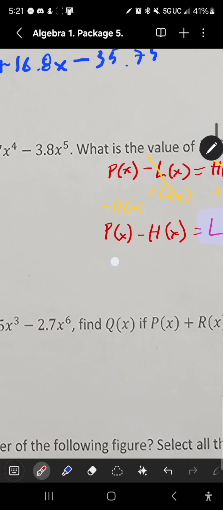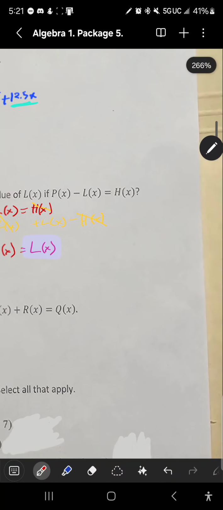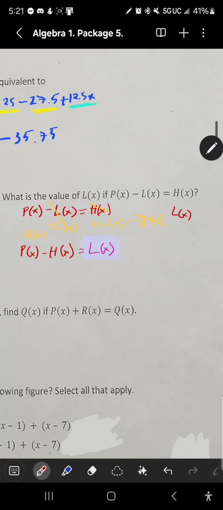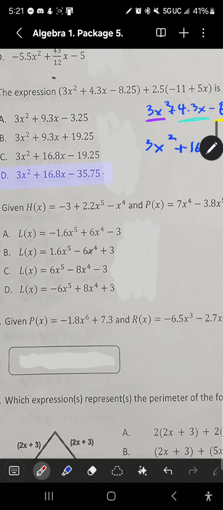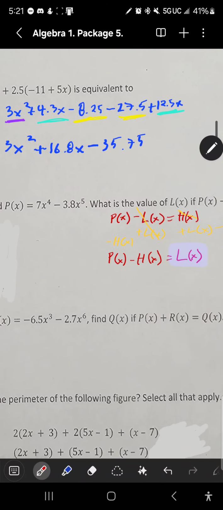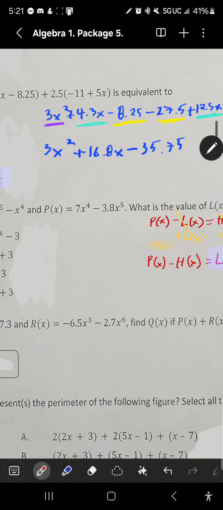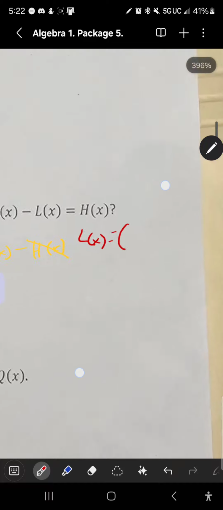So we are fine. Based on this, we can say that l(x) equals p(x) minus h(x), and we have those values. So p(x) is all this, and I'm going to substitute it. I have parentheses 7x to the 4 minus 3.8x to the 5.